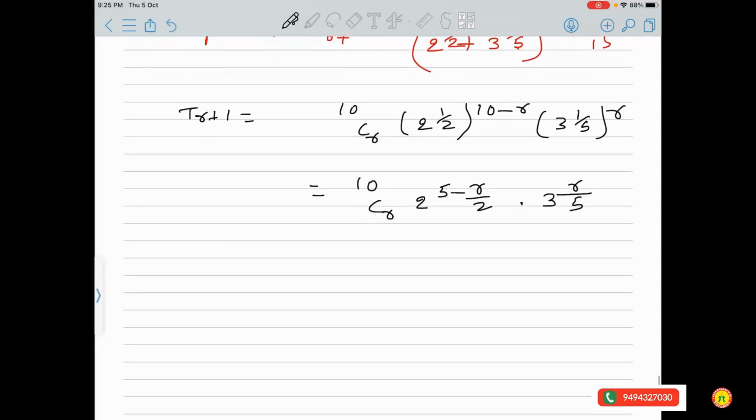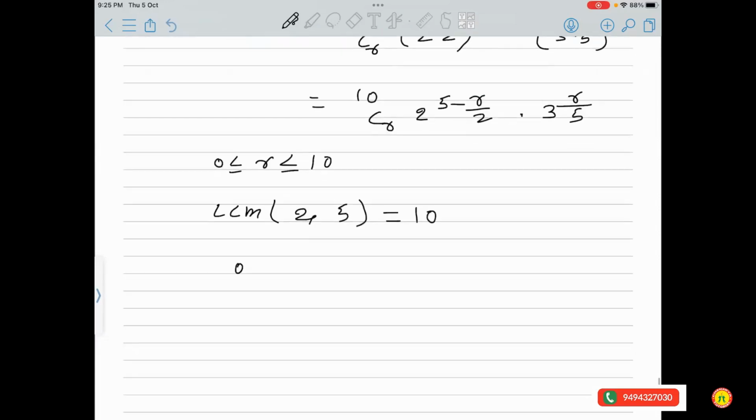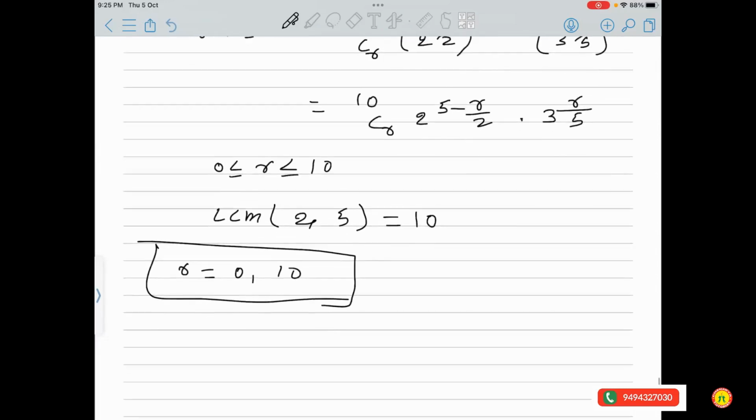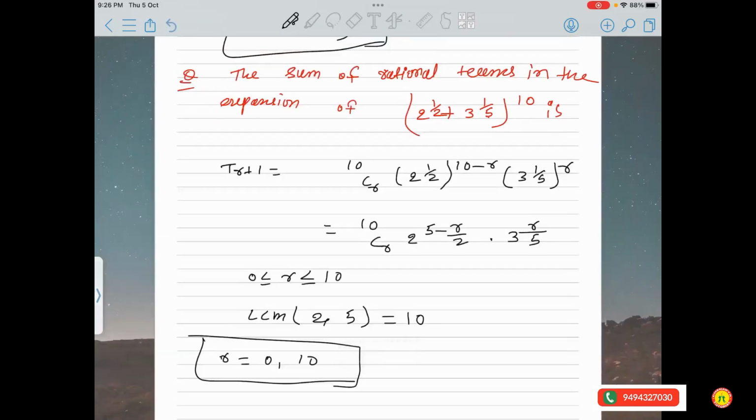So r belongs to 0 to 10, and the LCM of 2 and 5 equal to 10. So r is equal to 0 and 10 give the rational terms, right? Got it?